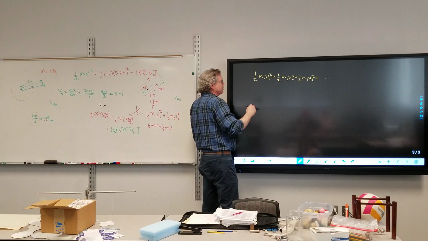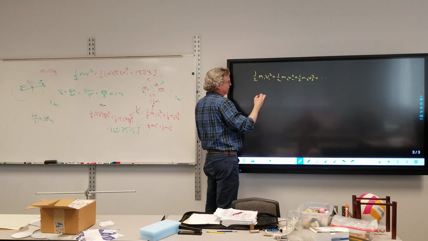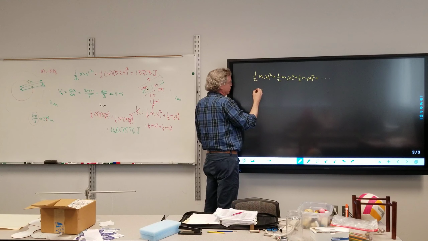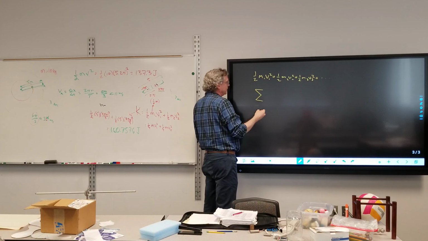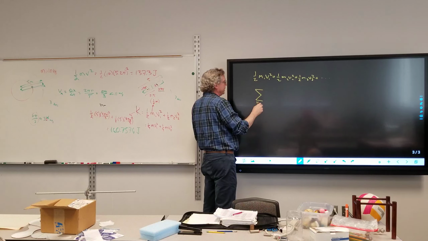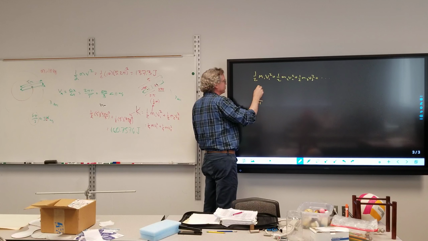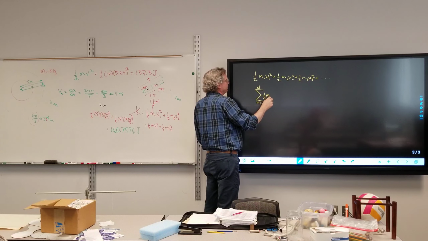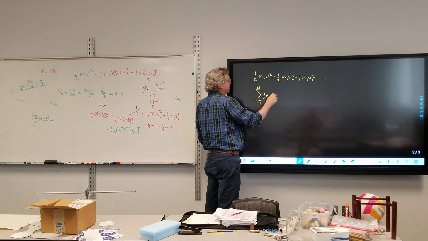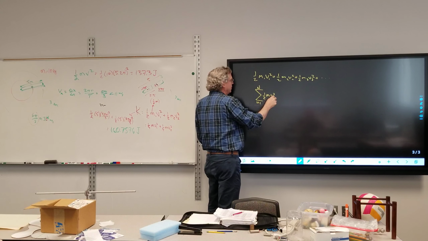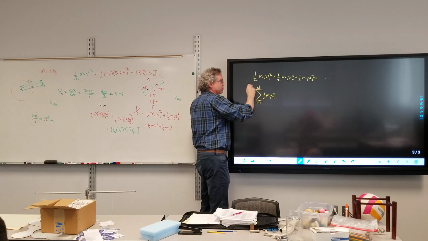So if I've got a repetitive nature like that, I can write it in shorthand notation. Let I equal 1 to however many parts we break it up into, of 1/2 mass of I V sub I squared. So this is just shorthand notation for that.